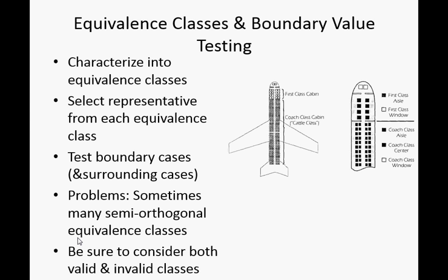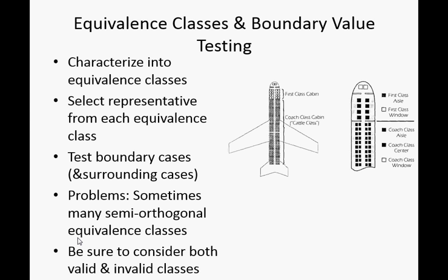And you want to make sure that at least each of these possible equivalence classes, that is business aisle, business window, coach aisle, coach center, coach window, each of those has been handled properly, because users can request them, and each of them within that category may be fairly interchangeable, but each of them requires somewhat different handling. So the idea here is that you'd select a representative from each of these equivalence classes, in this case 6, right?